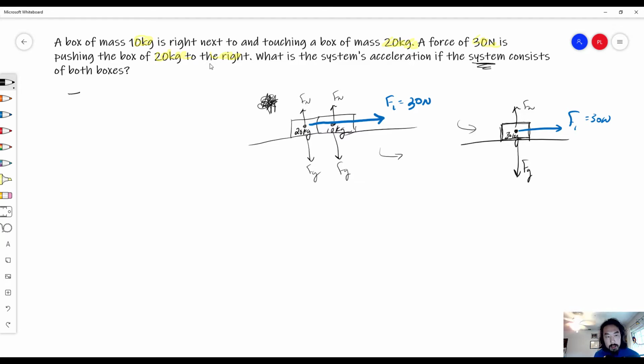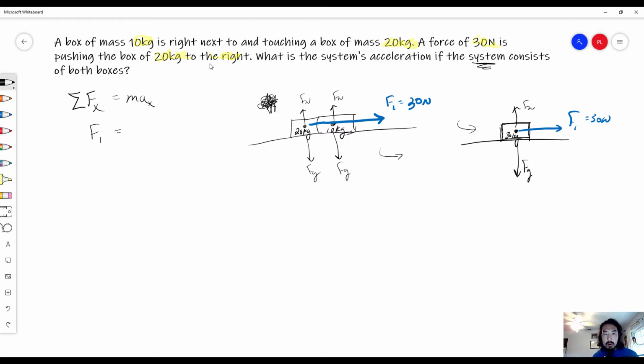So I'm going to start off with Newton's second law, F equals ma. Luckily for us, there's only one force in the x direction. I'm going to put subscript x's because that's where it's accelerating. So we have F of 1 is equal to the mass.